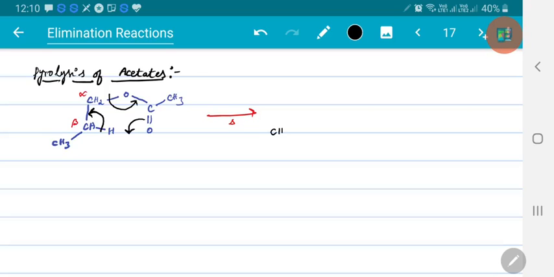You will get CH3 CH double bond CH2 plus this converts into COOH, with C double bond O and CH3. This is the product obtained. Simple elimination. Acetic acid is eliminated from acetates, but there must be a beta hydrogen, right?